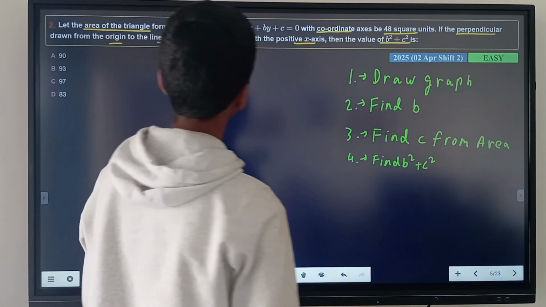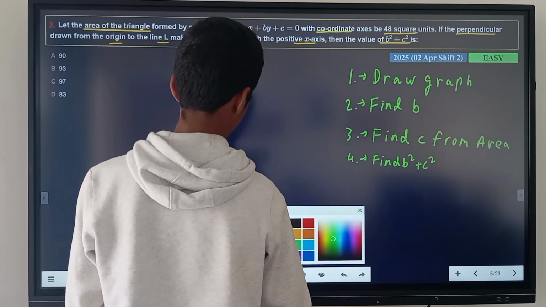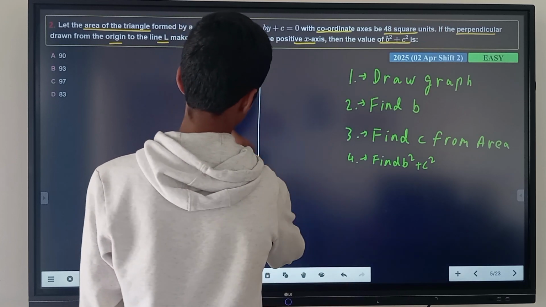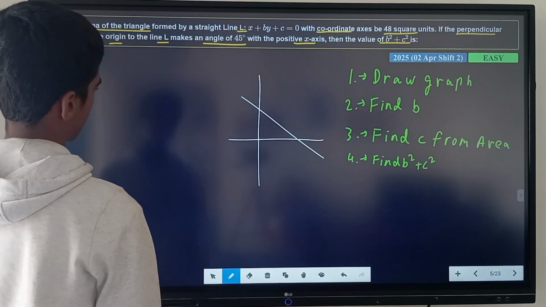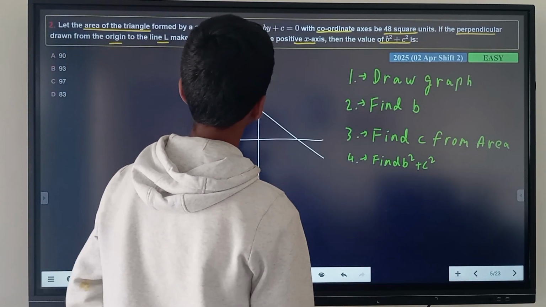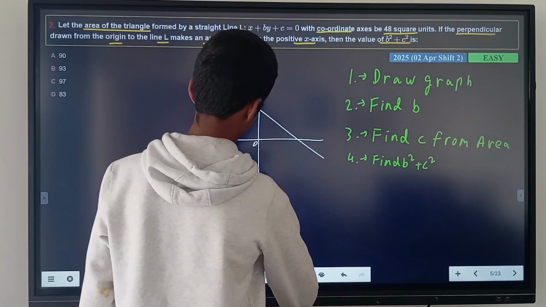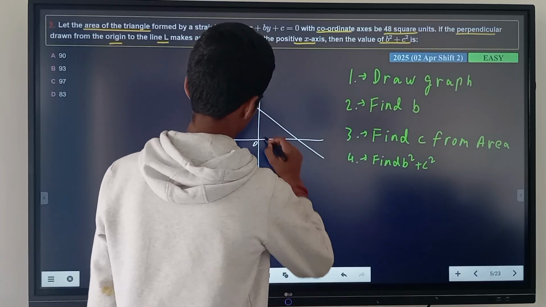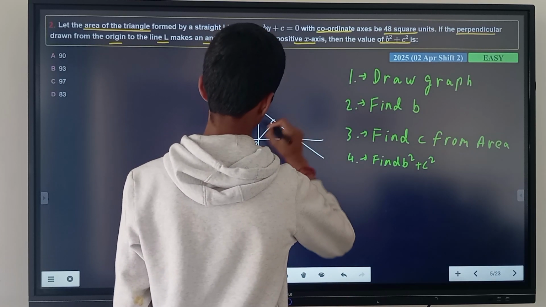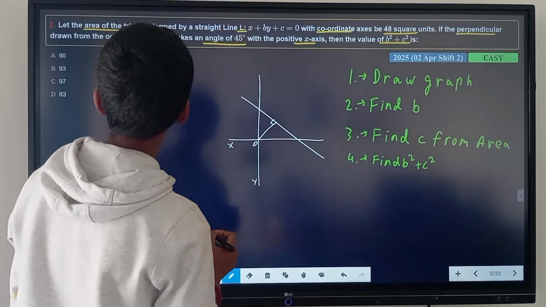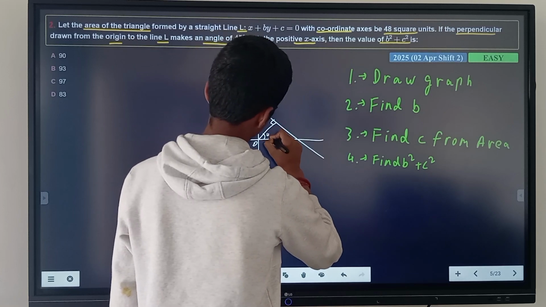Now, the graph for this will be like this. Here we have our line, and the perpendicular drawn from the origin, this is the y-axis, this is the x-axis, makes an angle of 45 degree with positive x-axis.